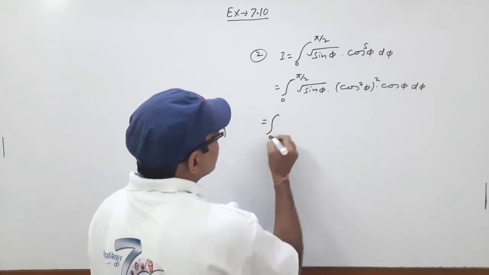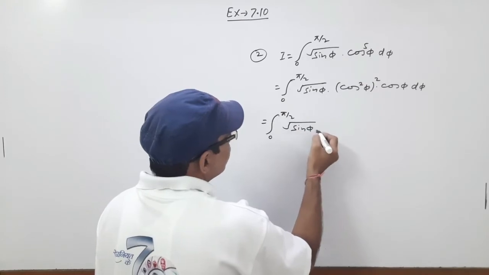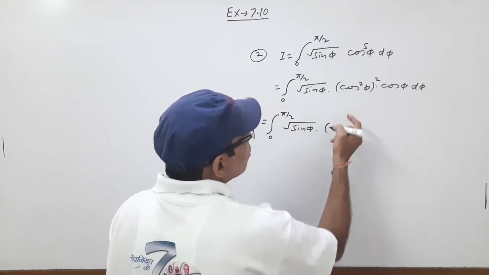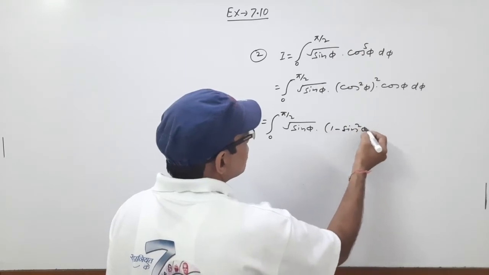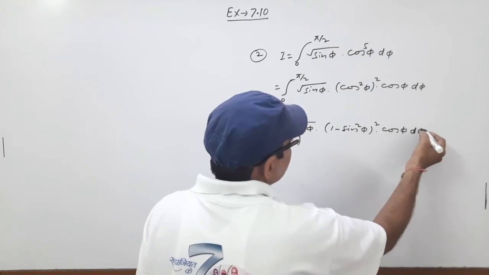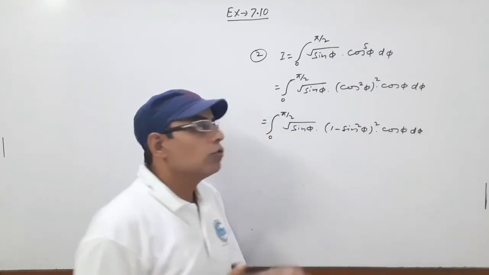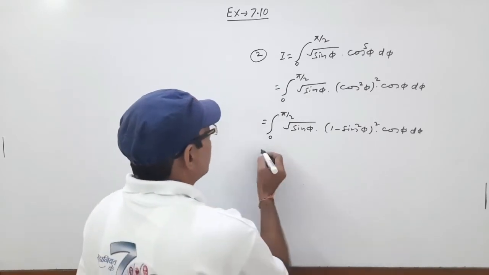Now from 0 to pi by 2 under root sin phi, and cos square phi is 1 minus sin square phi, whole square, and cos phi d phi, because 1 minus sin square phi equal to cos square phi.